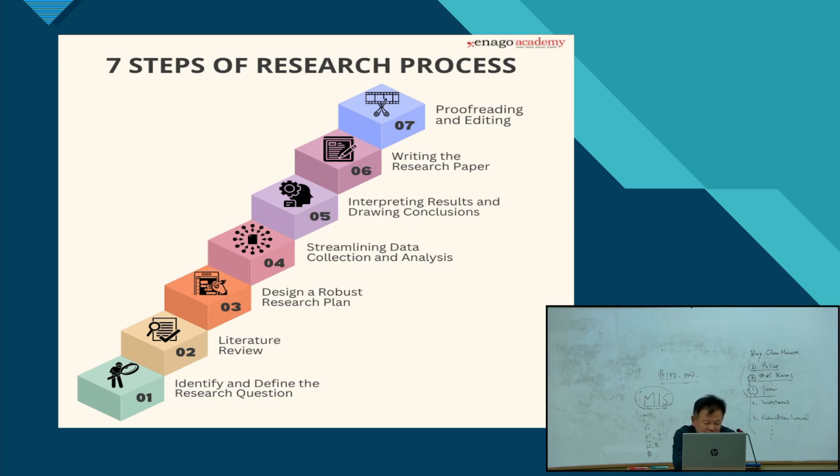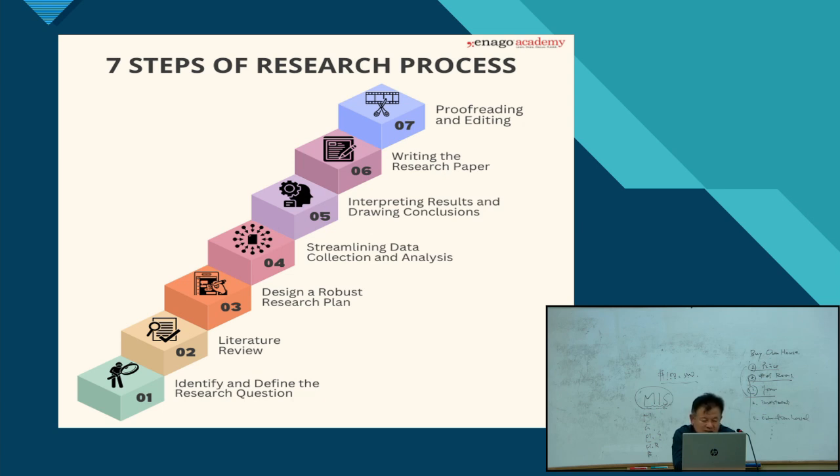The next step is streaming data collection and analysis. Get the data from a questionnaire or reported data, which is okay. The next step is interpreting results and drawing conclusions. It means drafting conclusions, interpreting the results and comparing them, and cleaning the processing.